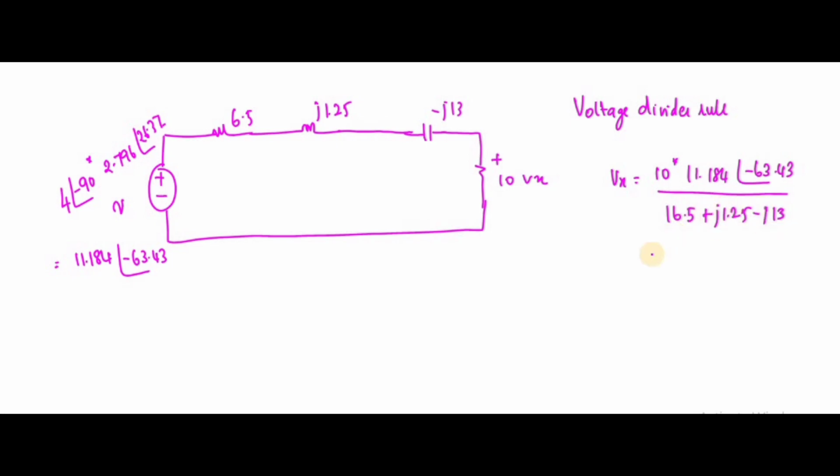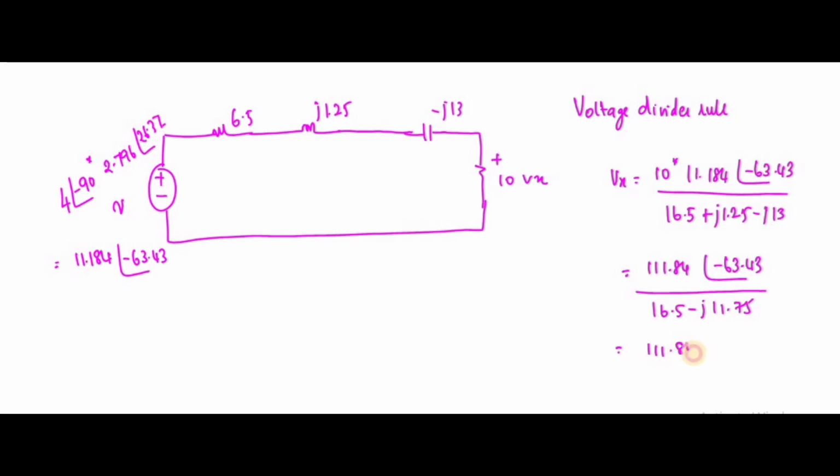I need to add all these values. What is 10 into 11.184? That is equal to 111.84, and the angle is minus 63.43. So here I can write the denominator as 16.5 minus J7.75.